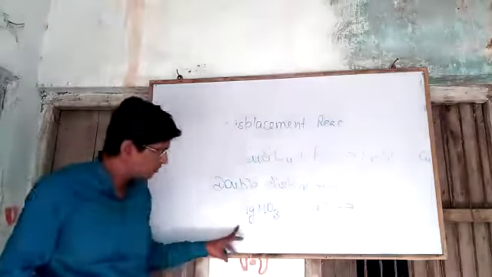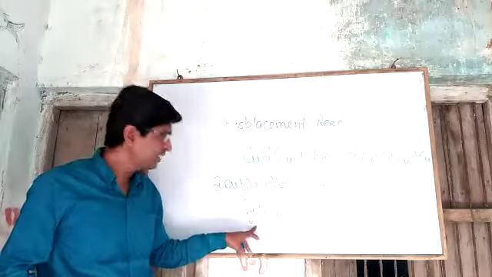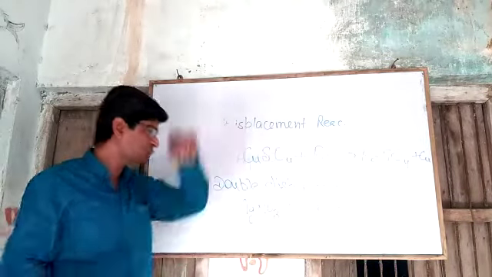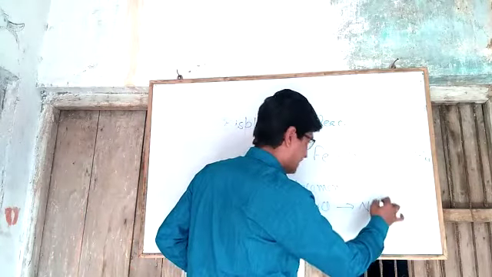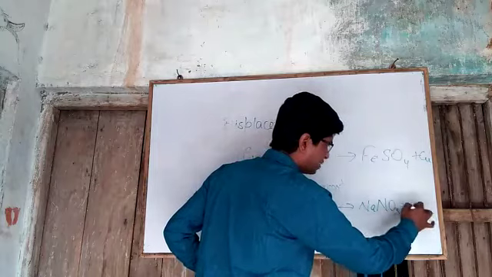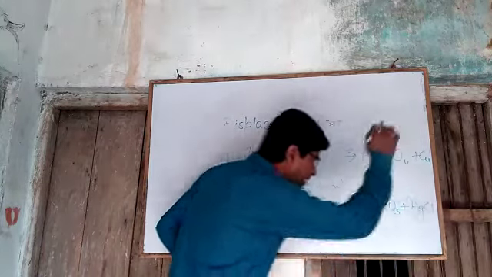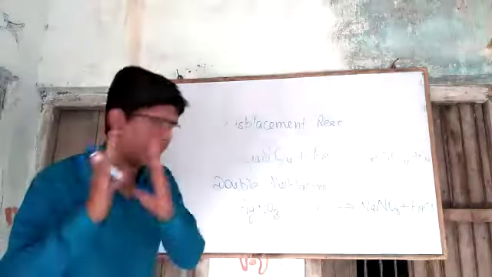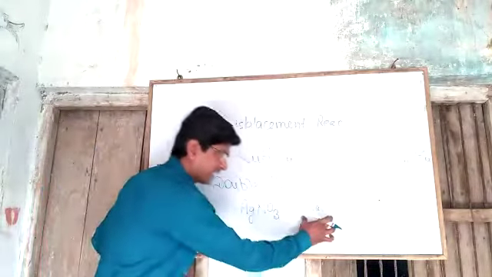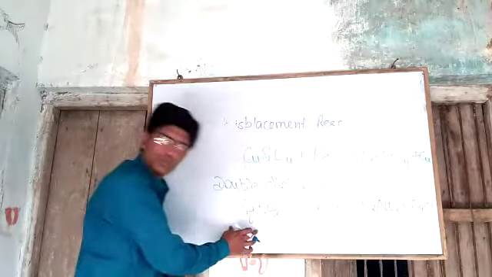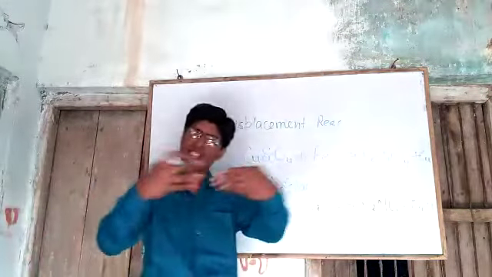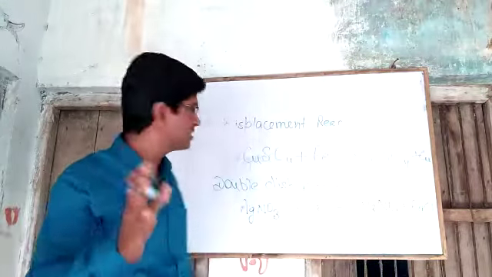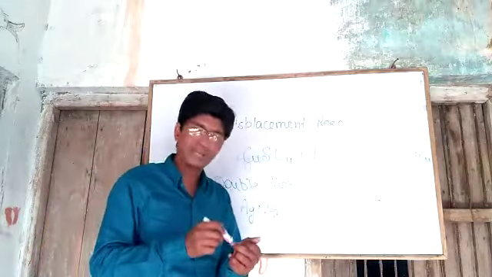So when silver nitrate reacts with sodium chloride, it produces sodium nitrate and silver chloride. Dear students, here you may find two reactants react and produce two new compounds by mutual exchanging of their ions. Hence, this is an example of double displacement reaction.